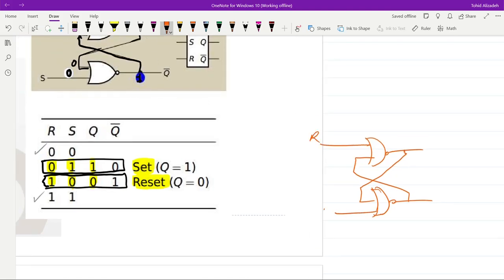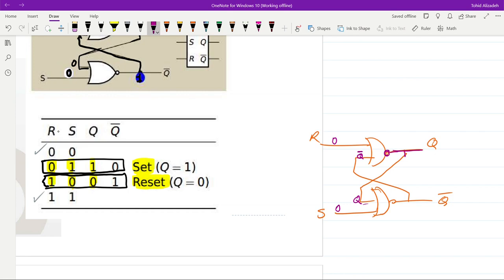We have R here, S here, Q, and not Q. And now we are going to apply 0 and 0 here. So initially we had Q at the output of the first NOR gate. So here we have Q and we have not Q here.